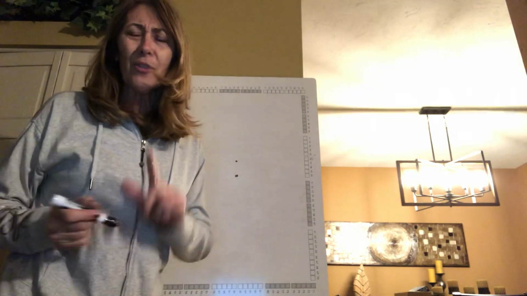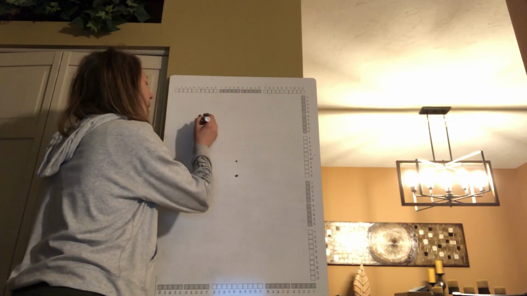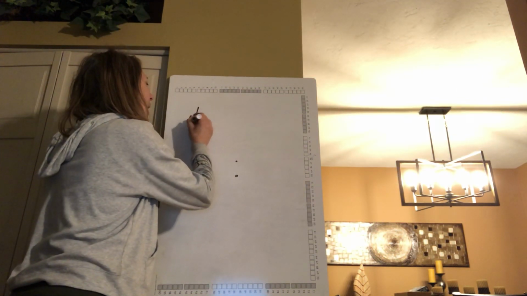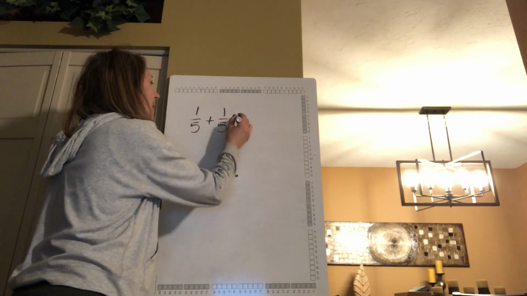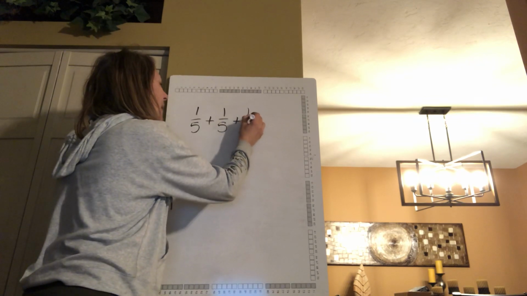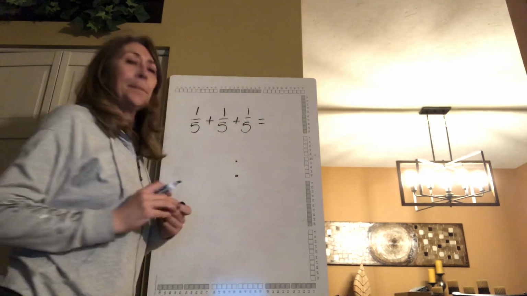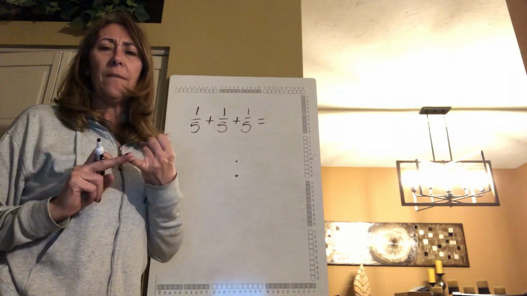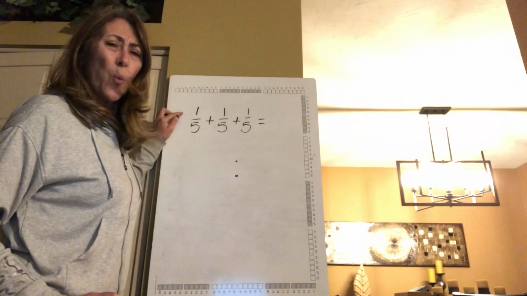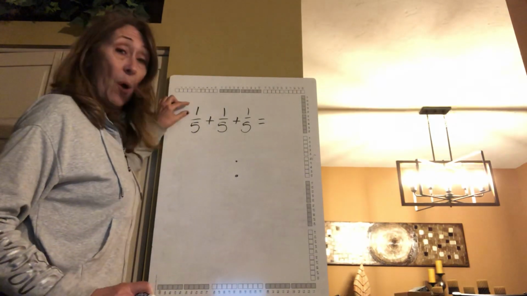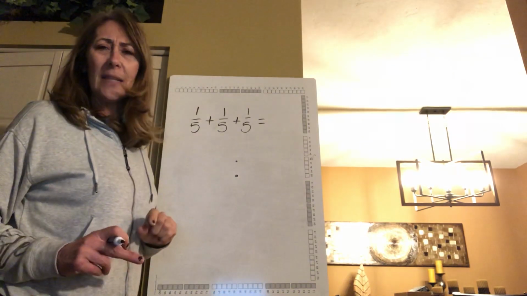I'm going to try 1/5 plus 1/5 equals. So I have 1/5 and another fifth and another fifth. My numerator is 1. That means I'm talking about one piece. My bottom denominator is 5. 5 pieces in the whole.